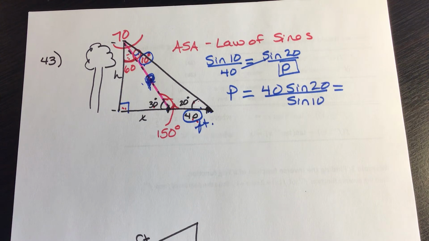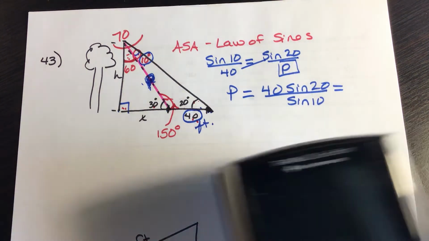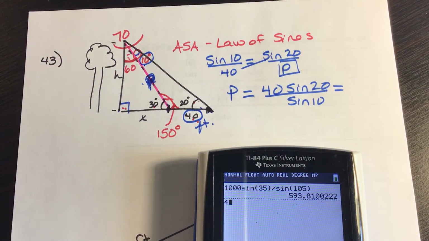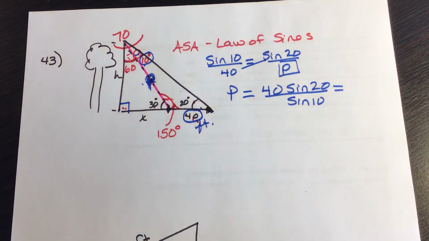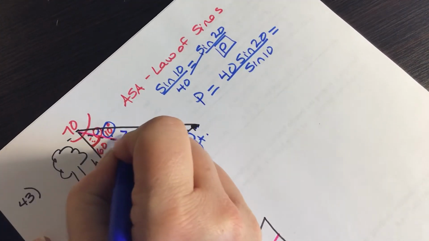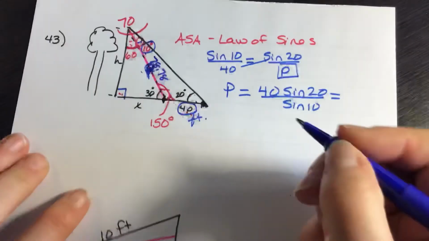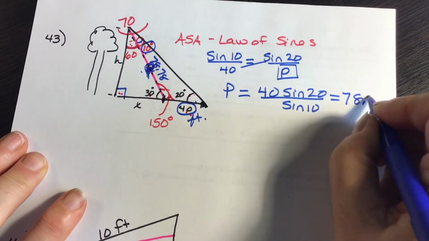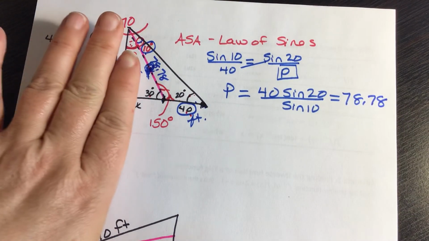And the length of that side is... Nope. What did I do? Let's figure that out here. 40 sine 20 divided by sine 10. 78.78. So that's the length of this side. All right.